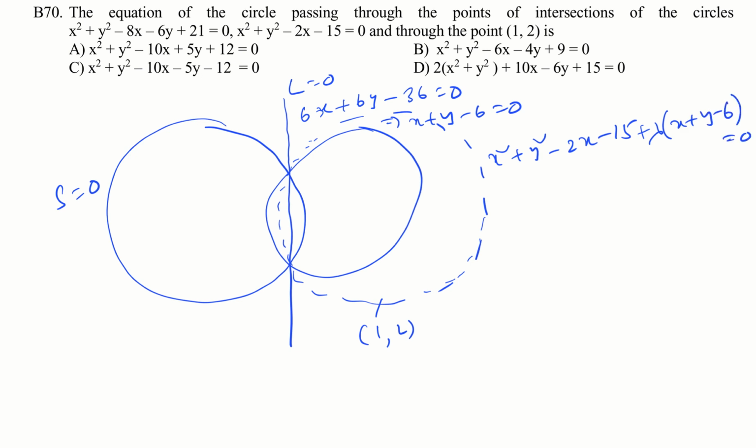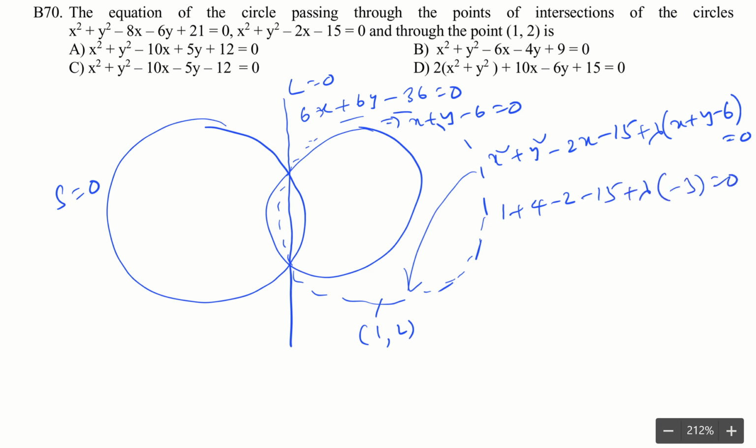Now we find lambda using the fact that it is passing through the point 1 comma 2. Substituting the point, I get 1 plus 4 minus 2 minus 15 plus lambda times minus 3 equal to 0. So 3 lambda is equal to minus 12. Therefore lambda is equal to minus 4. Now substitute the value of lambda over here to get your required equation. Let's go to the next problem.